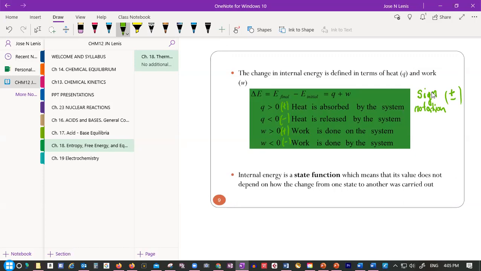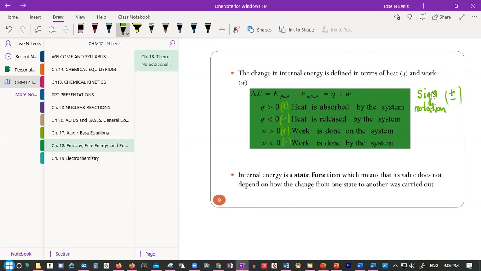So it's important to take that sign notation. Also, we assign those signs.